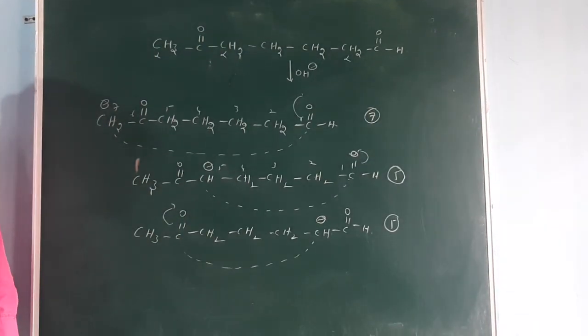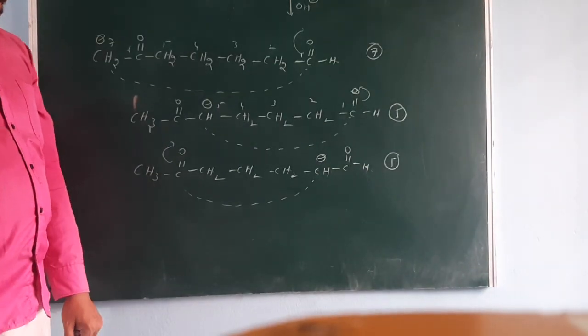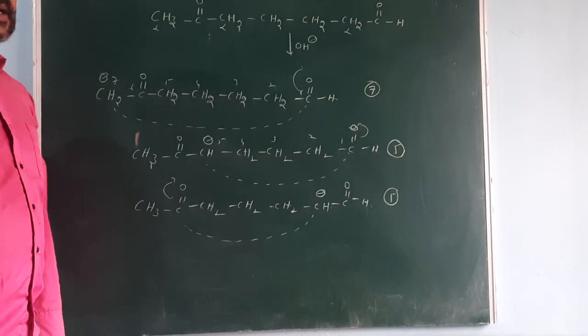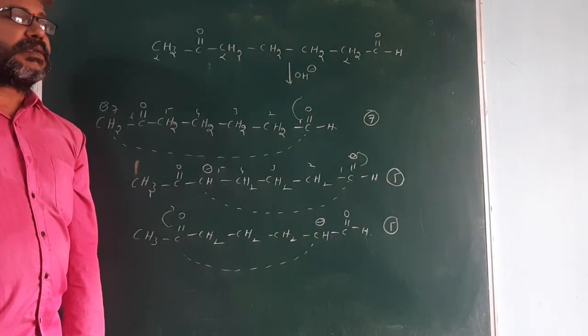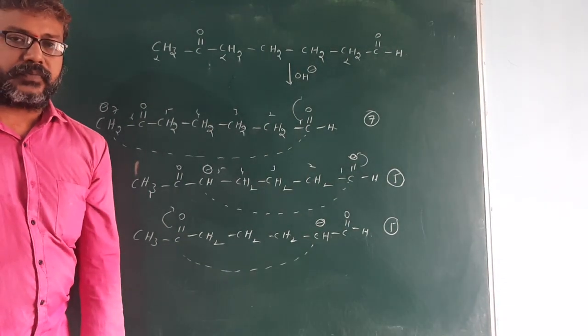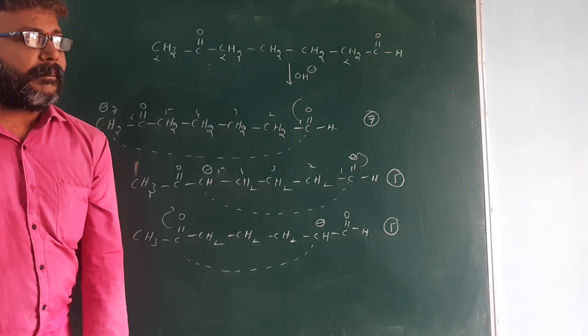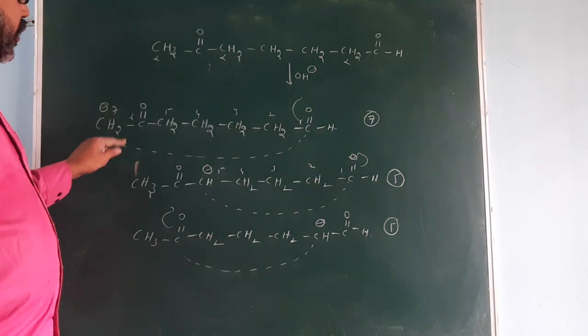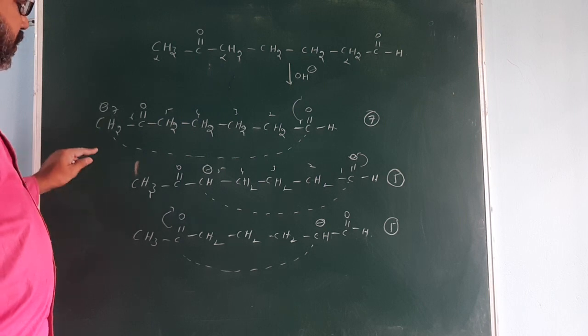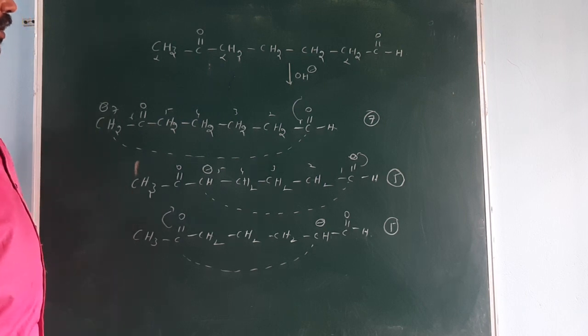So which product is major? It is an intramolecular aldol condensation, and intramolecular means the reaction takes place within the molecule. In the first case you get a 7-membered ring, in the second a 5-membered ring, and in the third also a 5-membered ring.